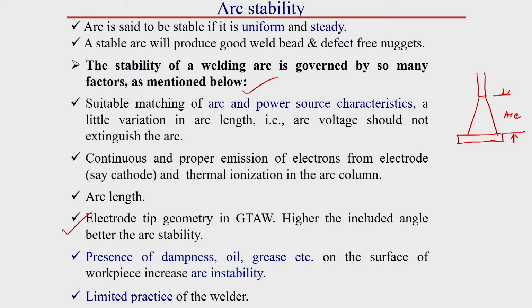What does it mean? Higher included angle means, generally in case of a tungsten electrode, this angle is called the included angle, alpha. Let this be the tungsten electrode. So this angle alpha is called the included angle.